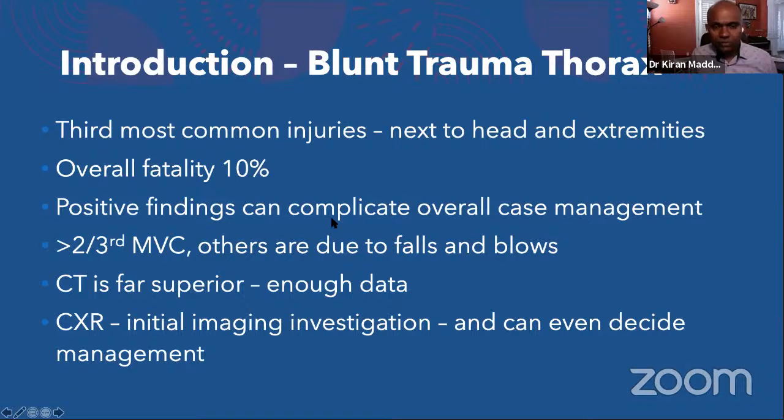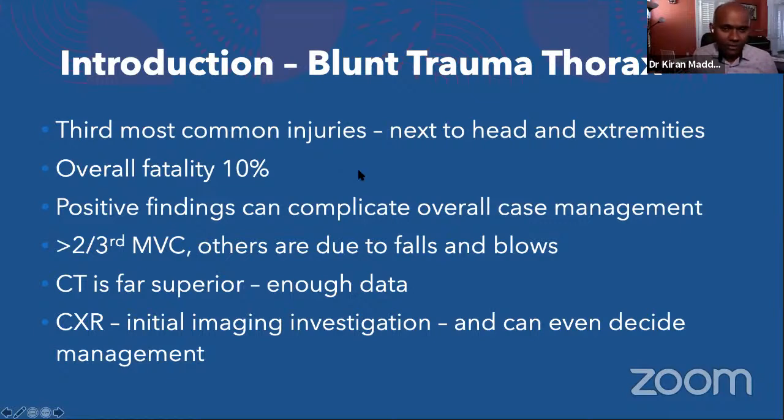So, introduction to blunt trauma of the thorax. Today, I'm confining my lecture to blunt trauma. Trauma is either blunt or penetrating. In future lectures, if time permits, I may do one on penetrating trauma to both chest and abdomen too.